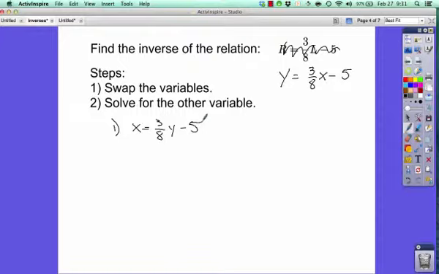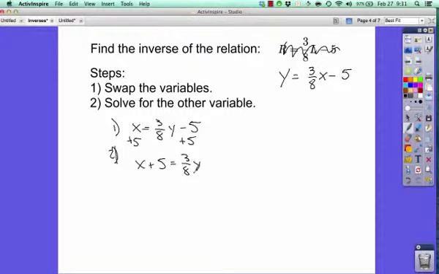And now we solve for which variable? What do we usually solve for? Sorry, with the function, we usually try to get y isolated. So here we're going to try to isolate y. Can we isolate y? How do we do that? What's the first thing we do? Add 5 to both sides. I get x plus 5 equals 3/8 times y.